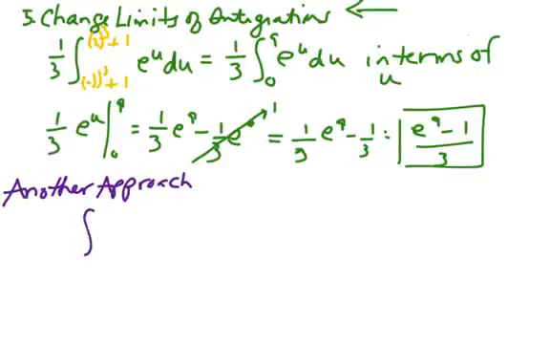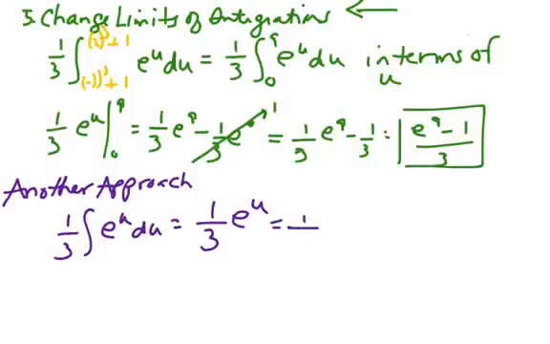And if I were to evaluate this and take the antiderivative, you still get 1/3 e to the u. I'll substitute back for u, and u is equal to x cubed plus 1. So this would be 1/3 e to the x cubed plus 1.